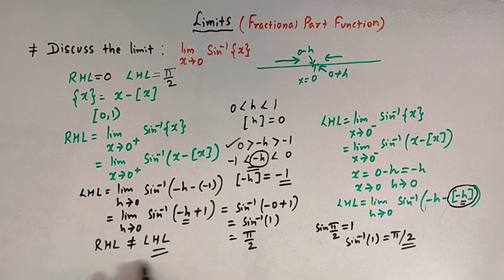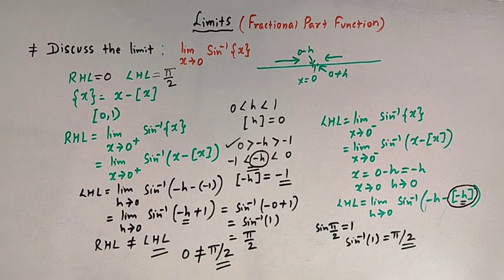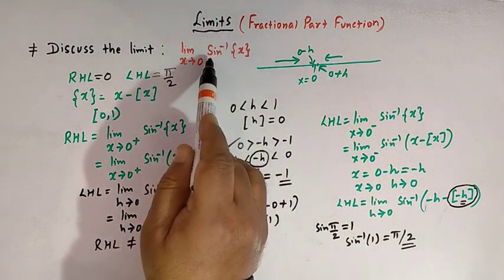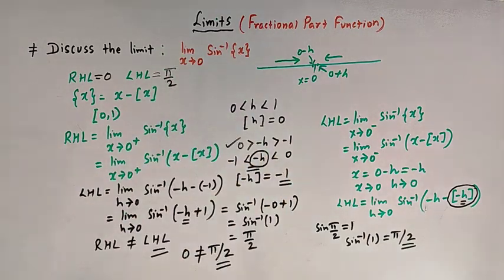But in this case they are not equal, because 0 is not equal to pi by 2. So we can claim that the limit of sine inverse of the fractional part of x when x approaches 0 does not exist. So viewers, this is how we can solve these types of problems.